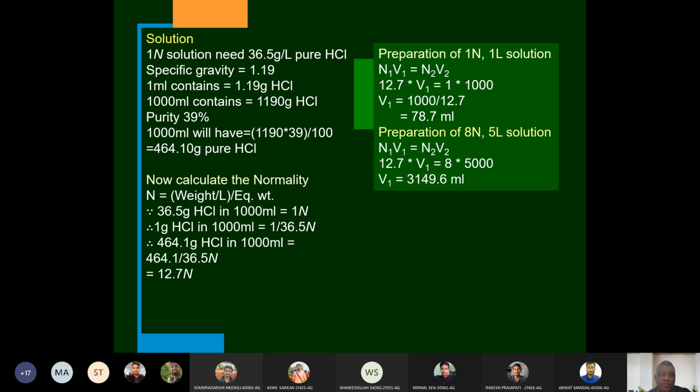So 12.7 × V1 = 1 normal, in place of N2, 1 × 1000, the quantity of solution, 1 liter. It can be 2000, 5000. And you get 78.77 ml. It means you take this much quantity from the bottle and make up the volume to 1 liter. That will be your 1 normal 1 liter solution.